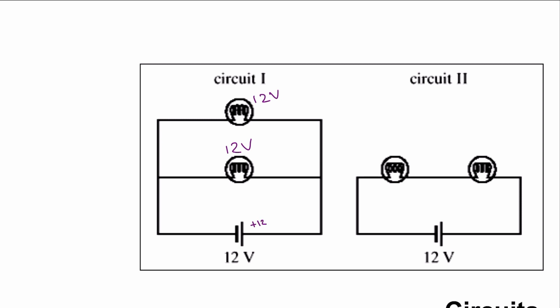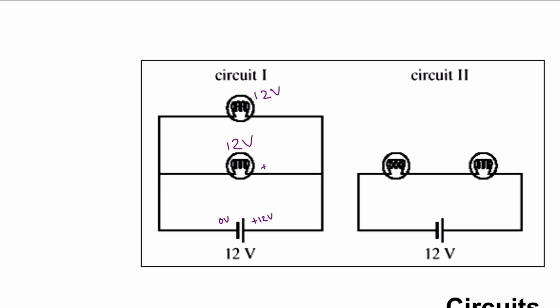This is our plus 12, this is our 0 volts over here. So they each have a plus 12 over to 0, like that. So they each get 12 volt drops across them, which means that for their individual resistances, they get a certain amount of current through them, right? So I equals V over R.